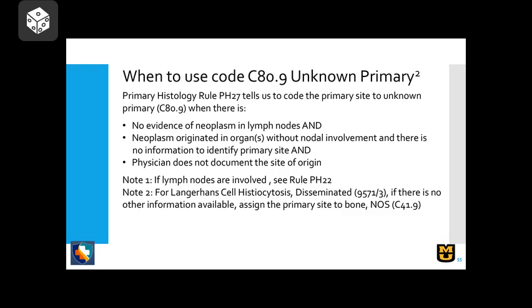Note 1. If lymph nodes are involved, see Rule PH22. Note 2. For Langerhans cell histiocytosis disseminated, 9571/3, if there is no other information available, assign the primary site to bone, NOS, C41.9.